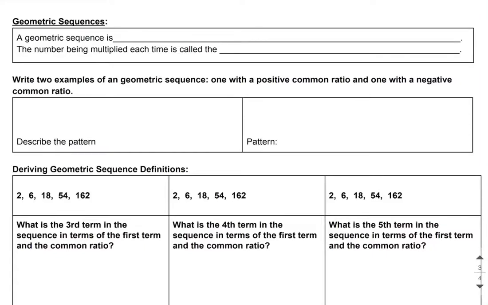Geometric sequences. A sequence is a list of numbers with some pattern. Well, for geometric sequences, that pattern is multiplication. So a geometric sequence is a list in which each term is the previous term multiplied by some constant.